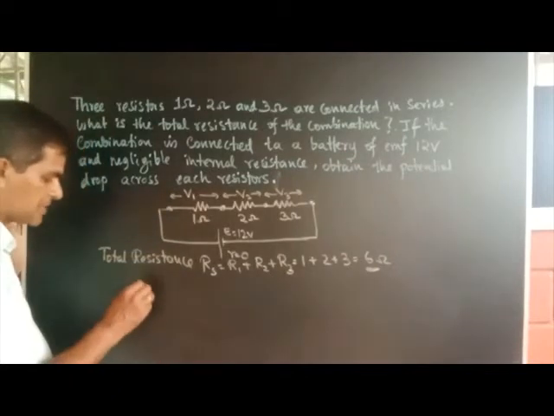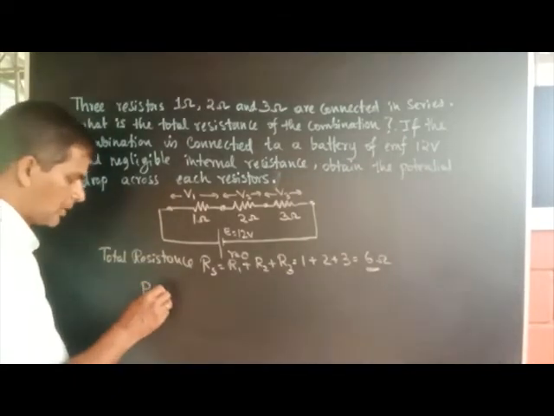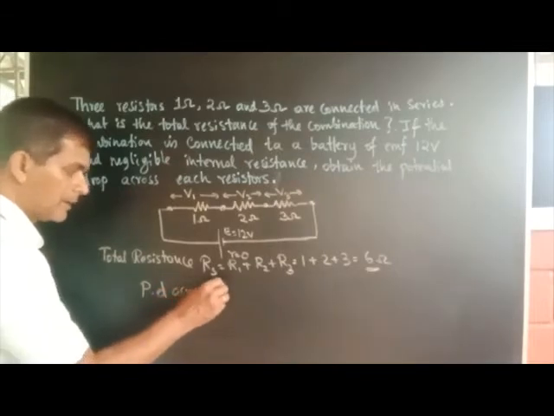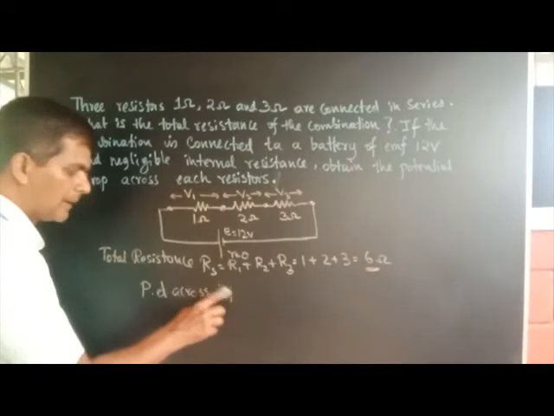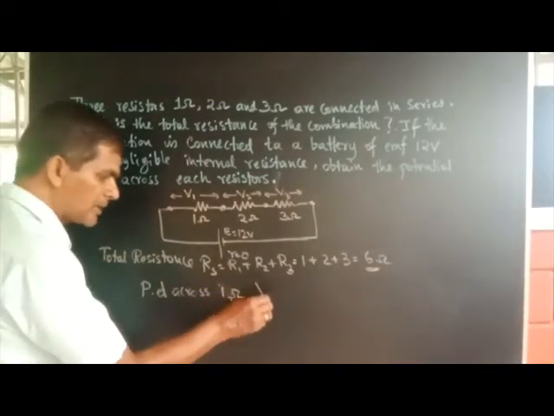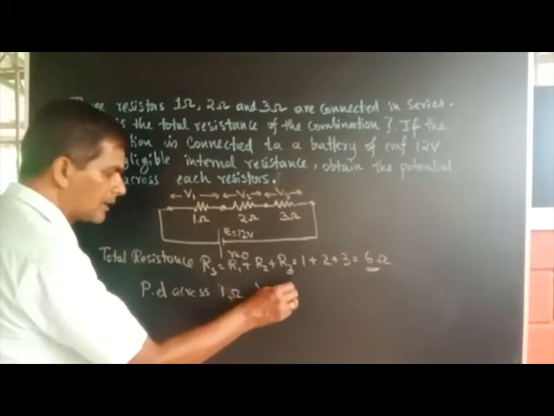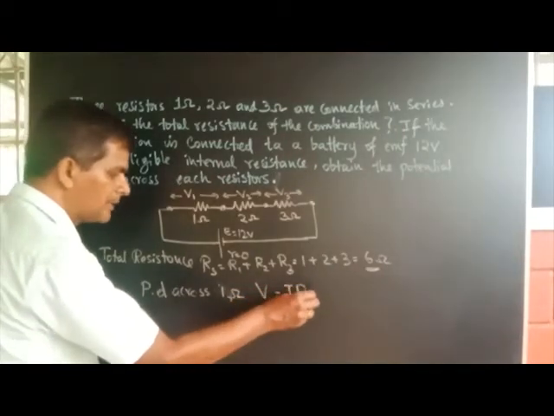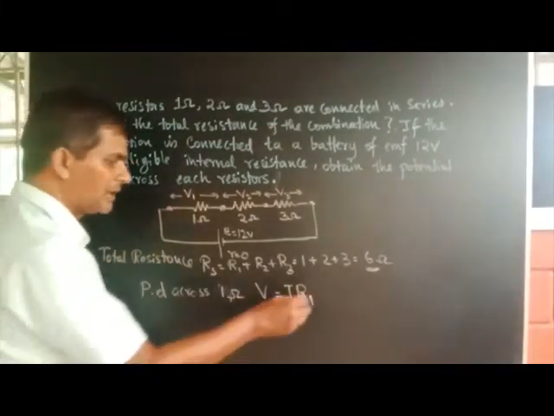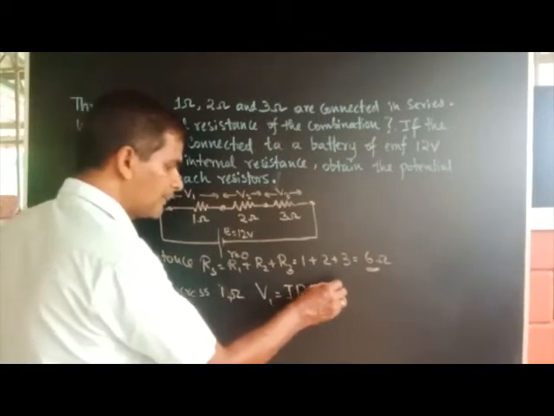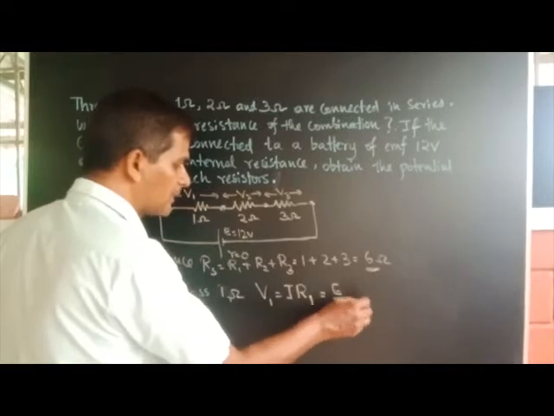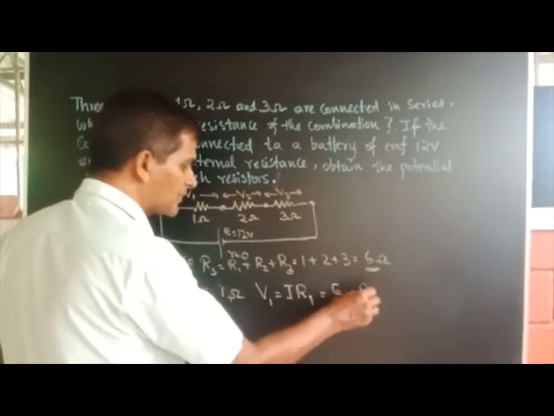Second, what is the potential drop? The potential drop or potential difference across resistance R1, or 1 ohm, I will write like this: the potential drop V1 is equal to current into its resistance. I have to find out the current and resistance. How to find the current? Current is equal to the EMF divided by its effective resistance, into its resistance R1.